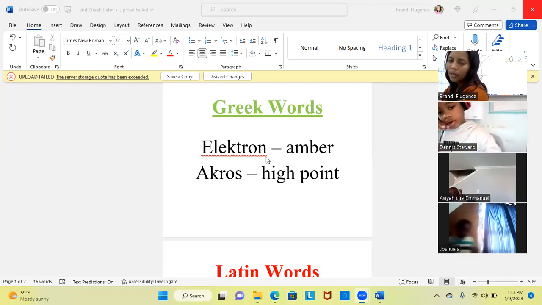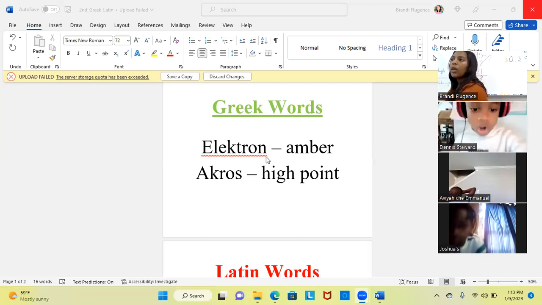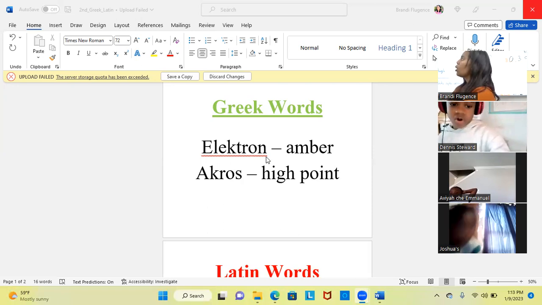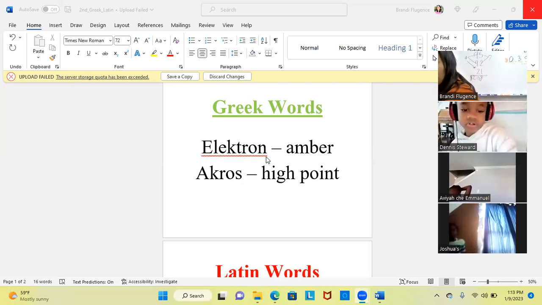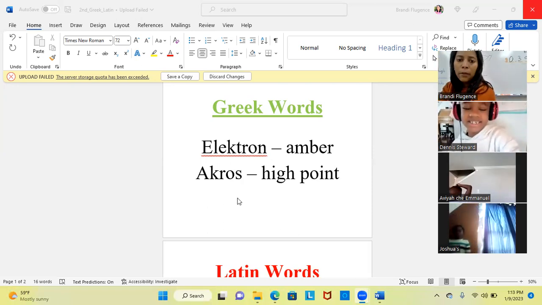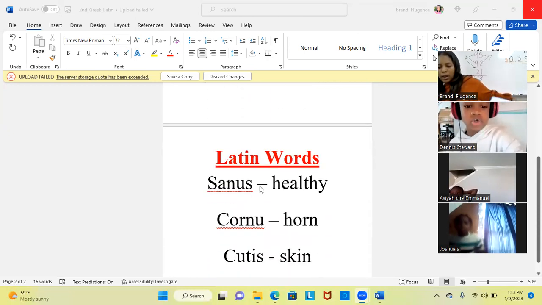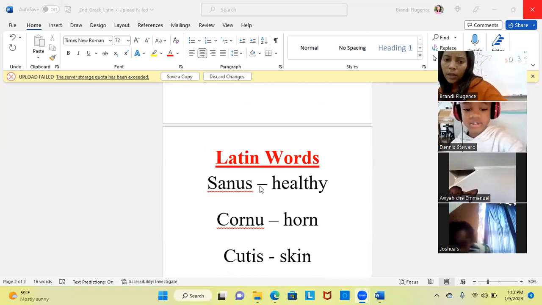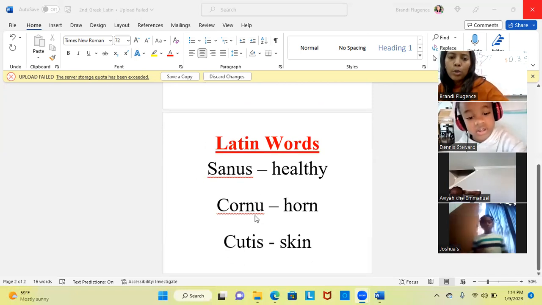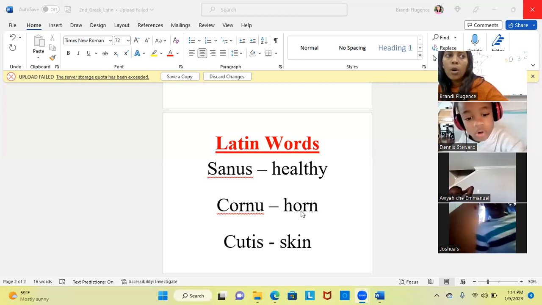It's dealing with electricity. Next one, acros. Acros, and it means high point. Okay, you have 3 Latin words this week. Sanus. Sanus, and it means healthy. Cornu. Cornu, and it means horn. And then cutis. Cutis, and it means skin.